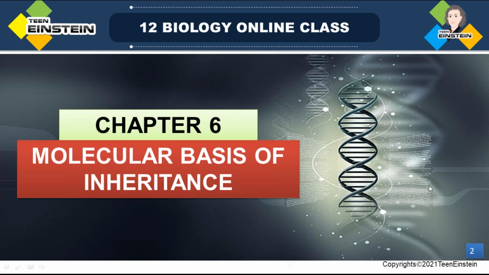In different combinations, these 4 bases will join, and that forms 64 different codons. So how many codons? We have totally 64 codons. Among these 64 codons, 61 codons code for amino acids, and 3 codons do not code for any amino acid.